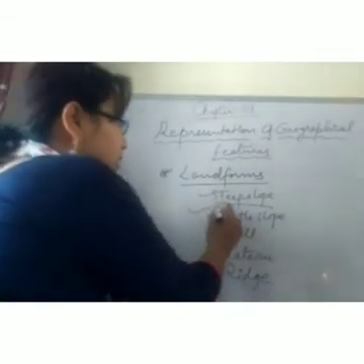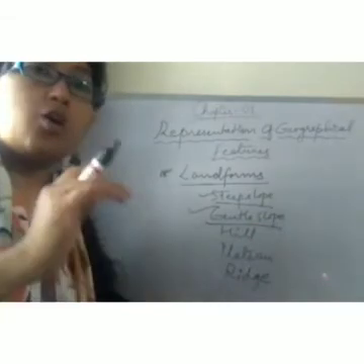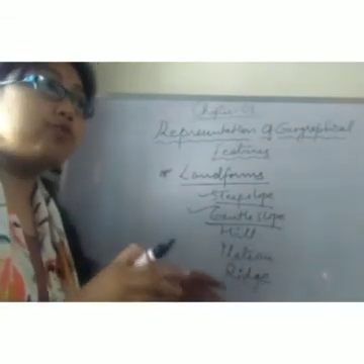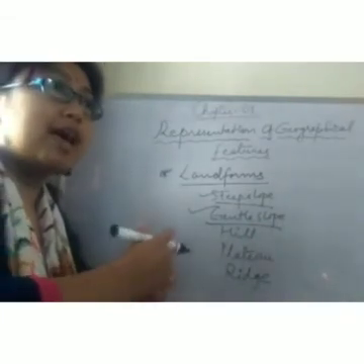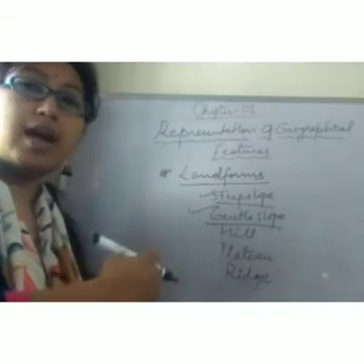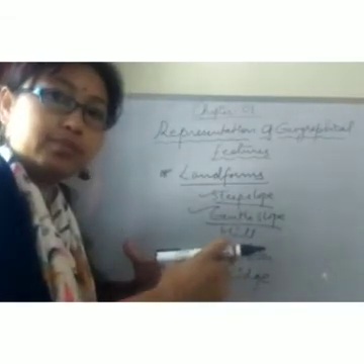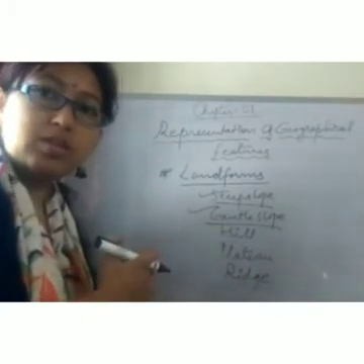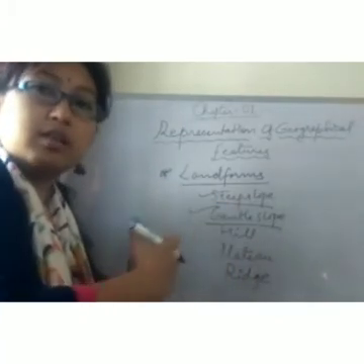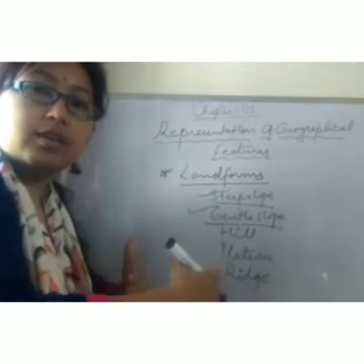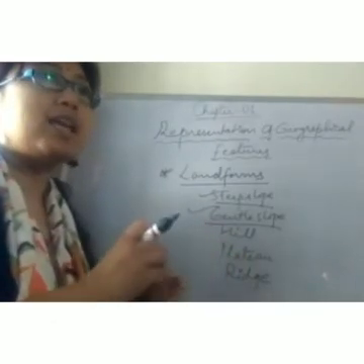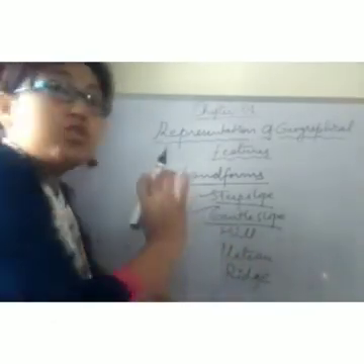Whereas gentle slope is what? On the topographical map, if you find that the gap between the two contour lines or heights are more, they are not very closely packed, they are apart from each other, so that shows that the land is having gentle slope.